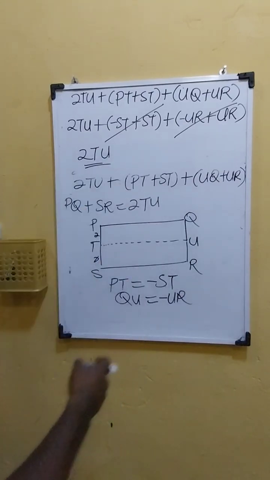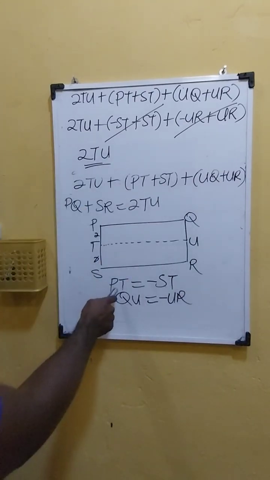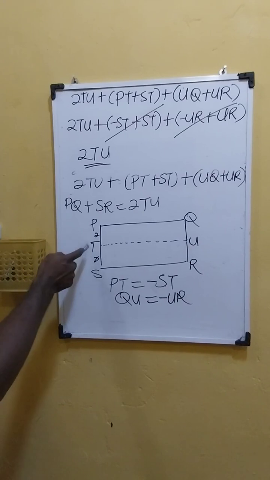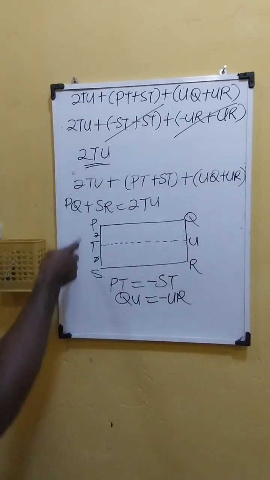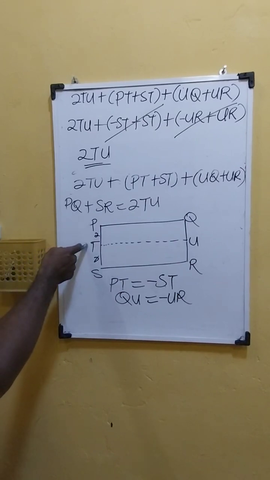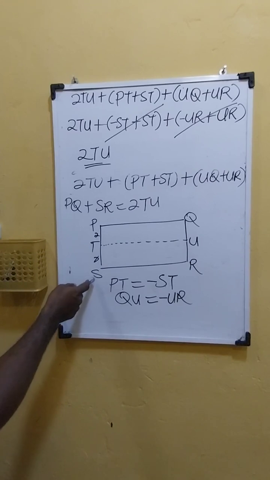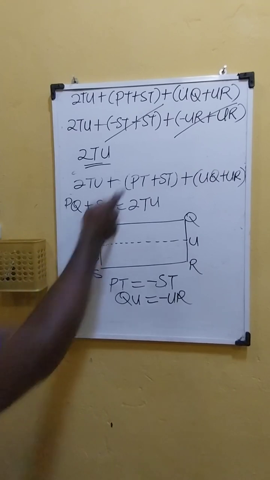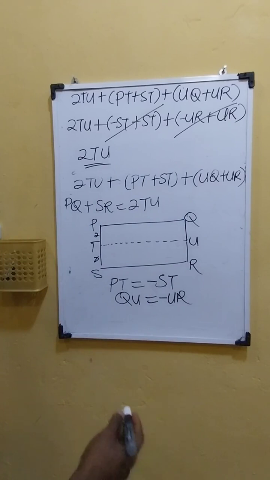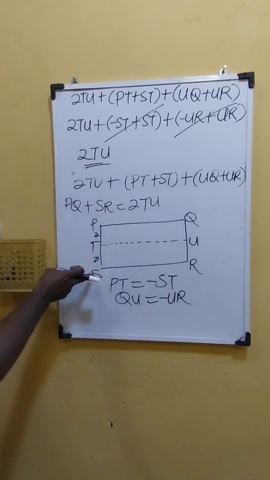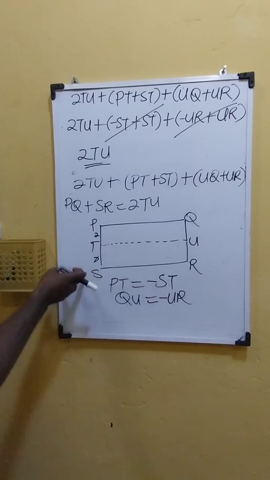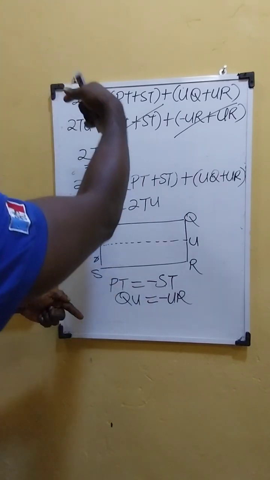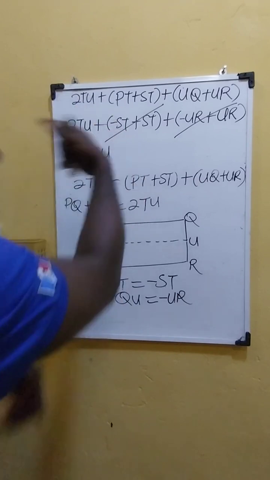Anyway, I don't know if you get my point now. So the PT is actually equal to what? TS. So in vector form, if you are saying PT, you don't want to say it is equal to TS. You are saying it is equal to what? ST, because you are just trying to prove a point now. So in proving that point, you just say PT is equal to minus ST, because you are taking the vector the other way around, the opposite of that vector.